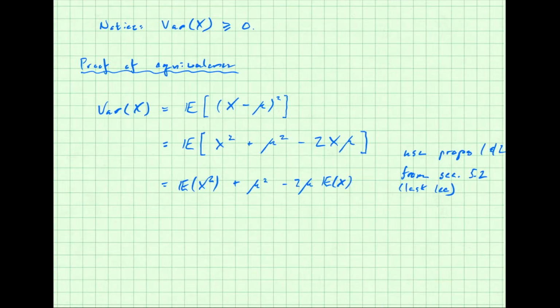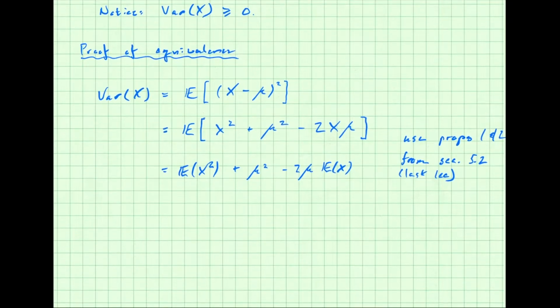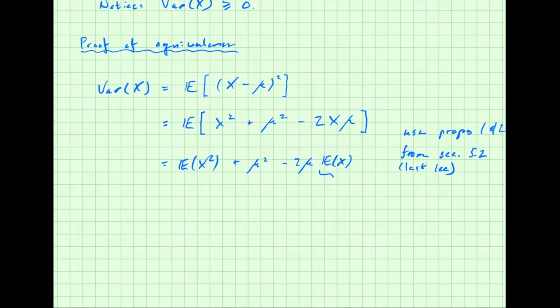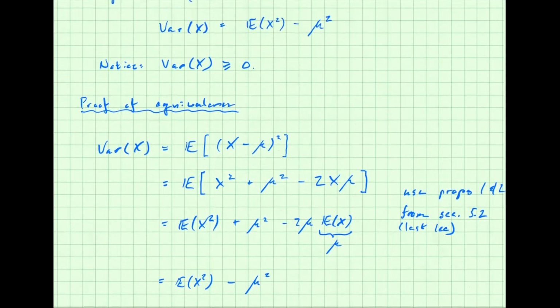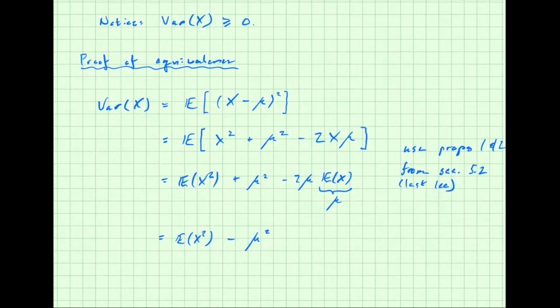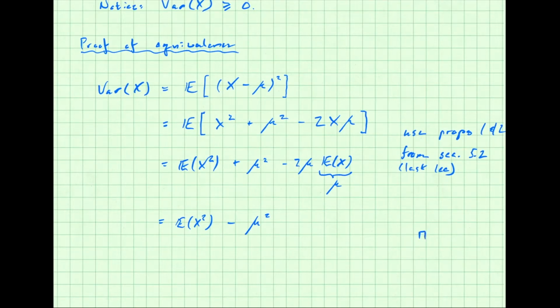So again, this is using properties of the expected value that we showed in the last lecture. Okay, and then remember that the expected value of x is mu, and so what we have is the expected value of x squared, and this term here is going to be minus 2 mu squared, and that's plus mu squared, and so what we're left with is minus mu squared, which if you go back up, is the thing we were trying to prove. And so that's the end of that proof of the equivalence of those two things.